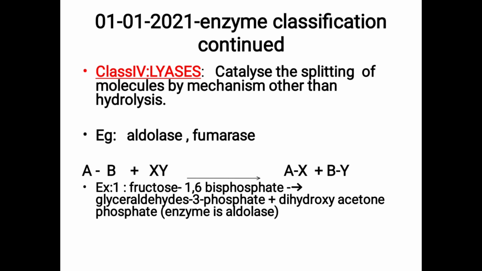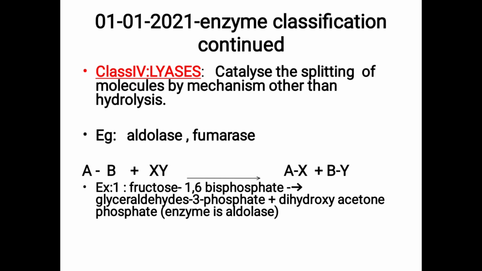Aldolase is the enzyme which converts fructose 1,6 bisphosphate to glyceraldehyde 3 phosphate plus dihydroxyacetone phosphate. Here, fructose 1,6 bisphosphate is 6 carbon. Fructose is a monosaccharide, a keto sugar, a hexose, 6 carbon.